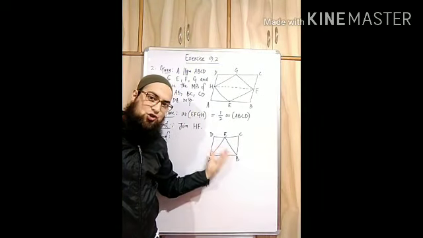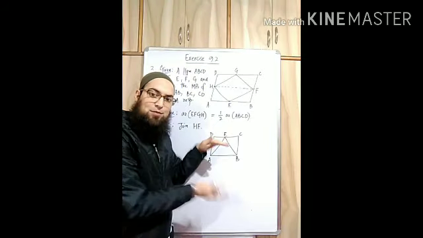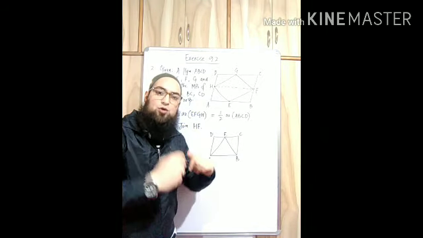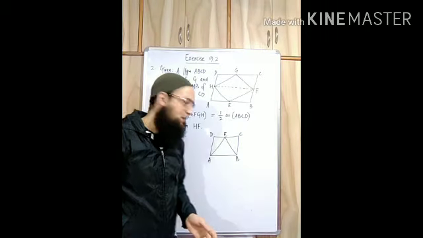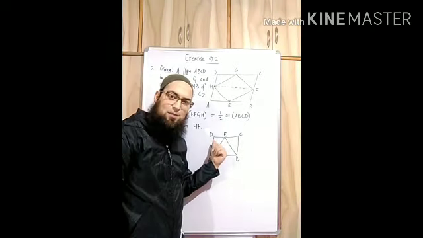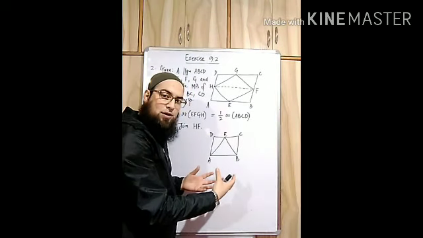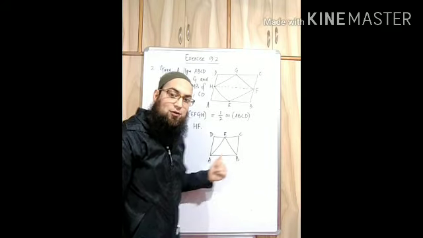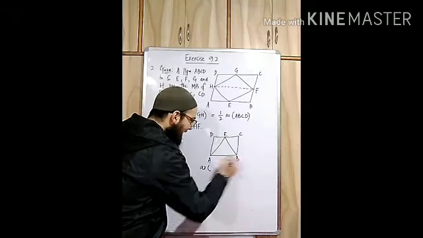These two figures share a common base, and which is that common base? AB. And both the figures lie between the same parallels. I hope you already know the concept of being on the same base and between the same parallels. You know that in advance. So ABE is a triangle and ABCD is a parallelogram, sharing a common base and lying between the same parallels. So here we have one more result, that is area of ABE.